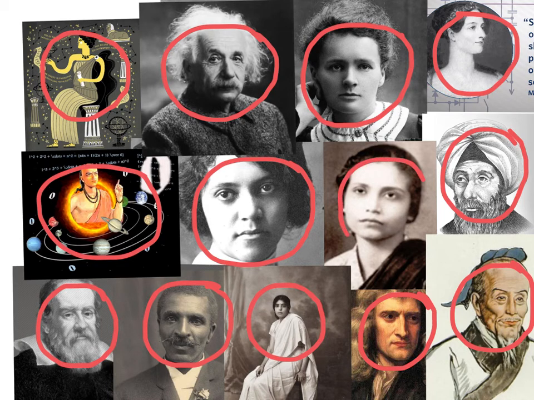Finally, Biba Chaudhry, an Indian physicist, 1913 to 1991. She worked on particle physics and cosmic rays. Working at the Bose Institute at the University of Calcutta, she co-discovered the subatomic particle called mesons.